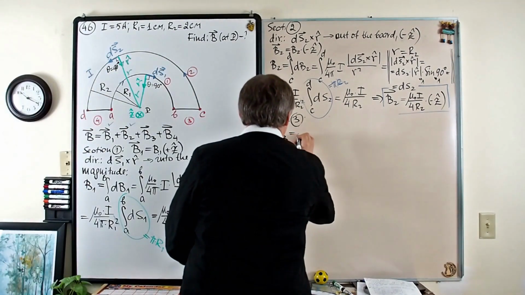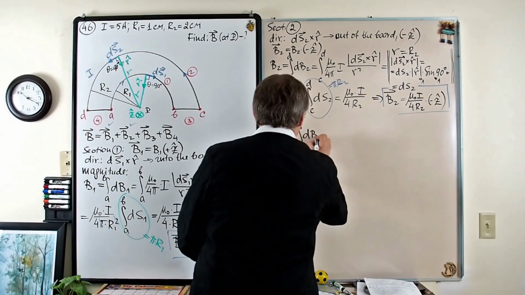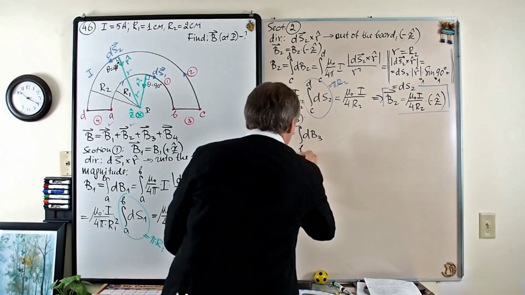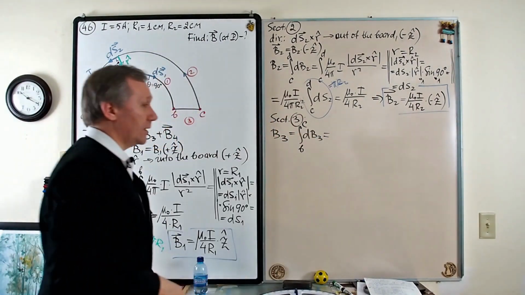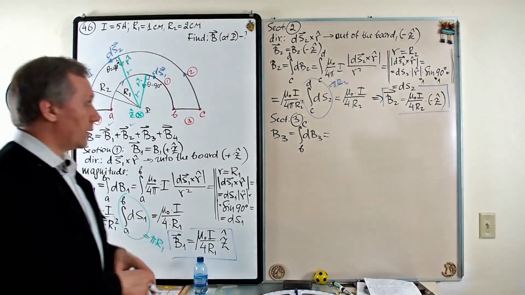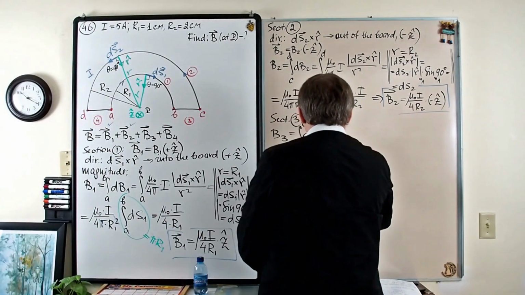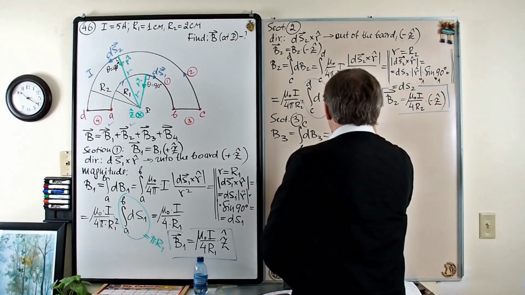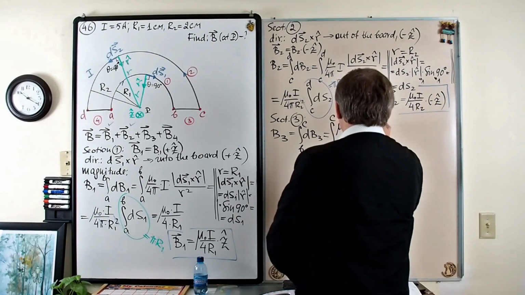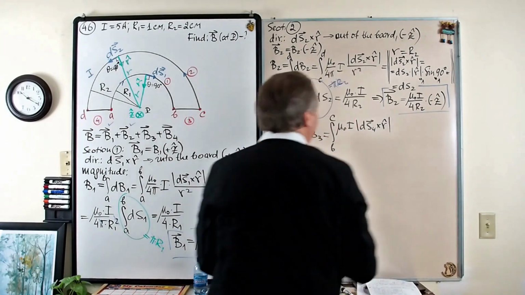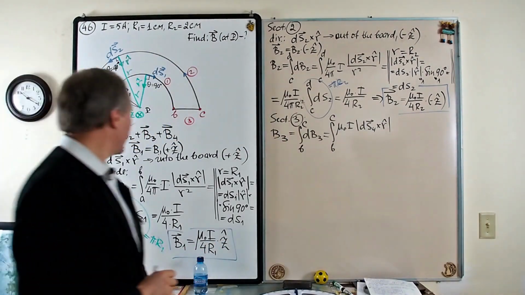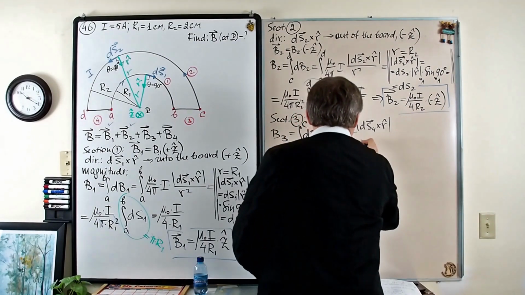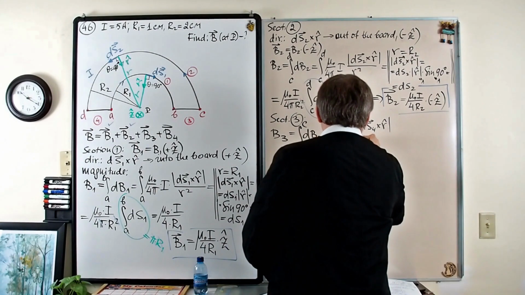Okay, so it is integral of dB3, and what we integrate from point B to point C. Now let me write again explicitly the absolute value of the Biot-Savart law: mu naught I, then absolute value of ds3 cross r hat, divided by 4 pi, and then r squared.